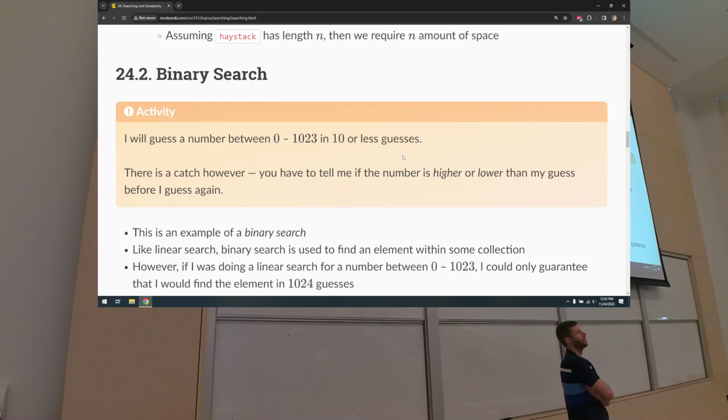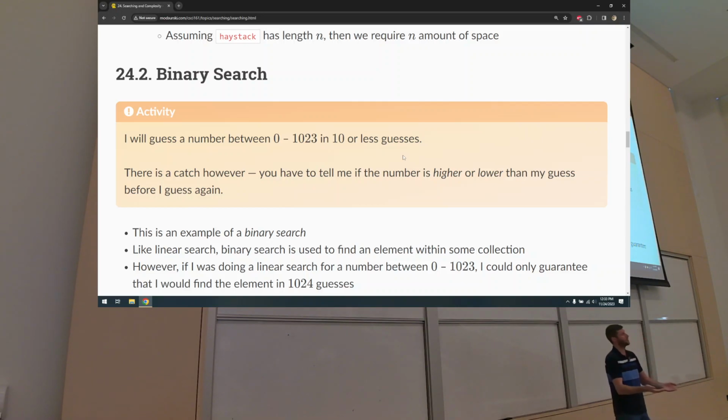Think of pages in a book. Those pages are sorted in numerical order. So if I turn to page 512 of a 1024 page book, okay? All the page numbers that are less than 512, I'm a mirror right now, are over here.